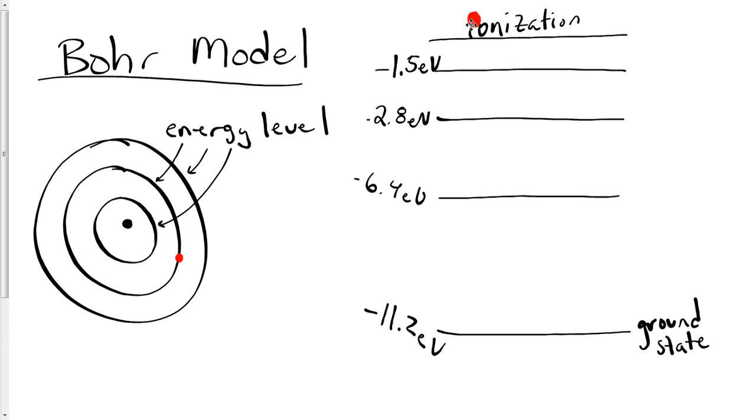Well, what will happen to the other 0.8 electron volts? So I've given this electron 12 electron volts of energy. The first 11.2 ionizes it. What happens to the rest of the 0.8? Disappear?